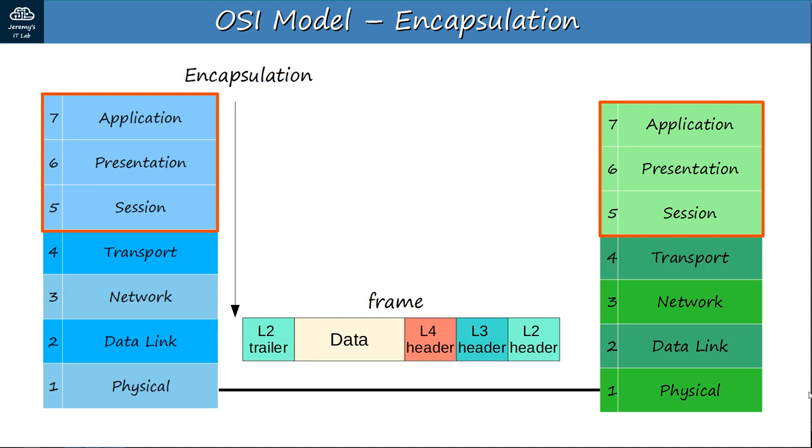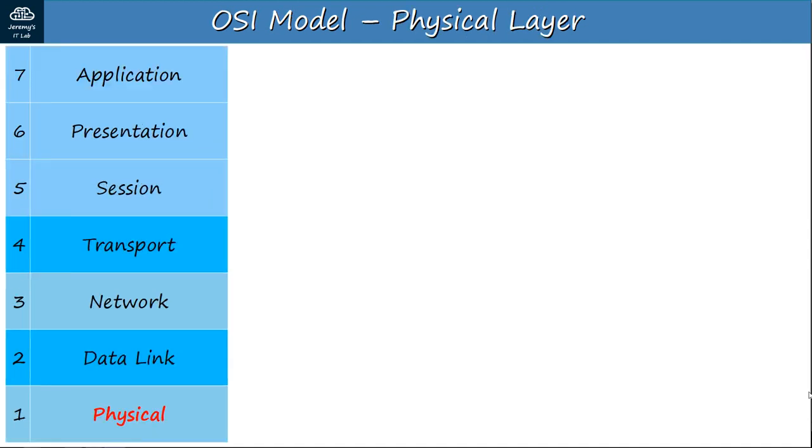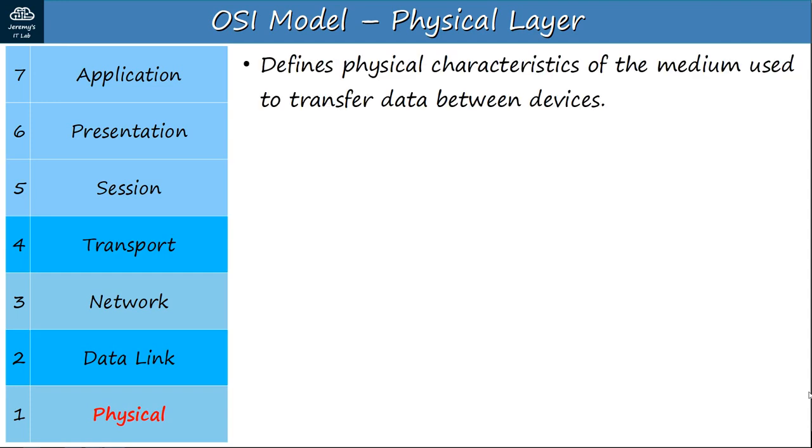Let's look at Layer 1 of the OSI model a bit before moving on. Layer 1 of the OSI model is the physical layer. The physical layer defines physical characteristics of the medium used to transfer data between devices.